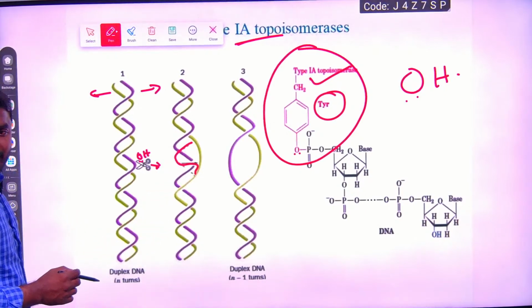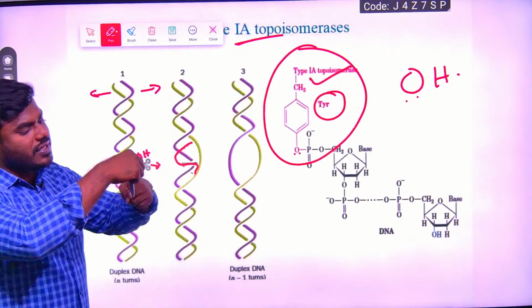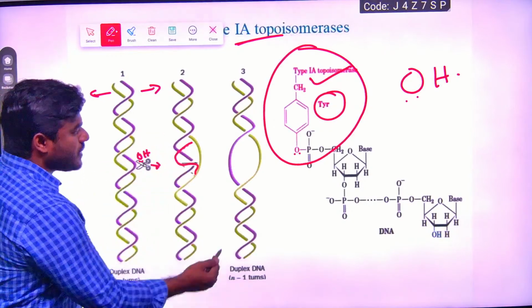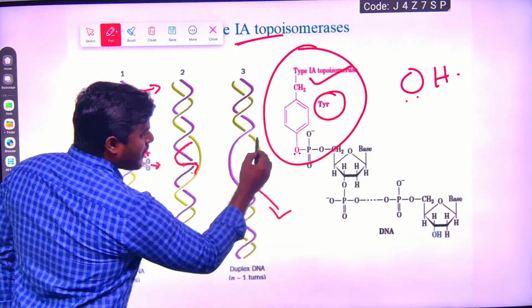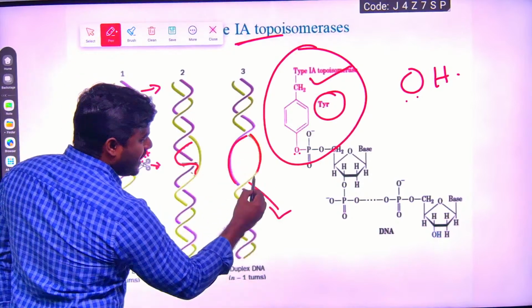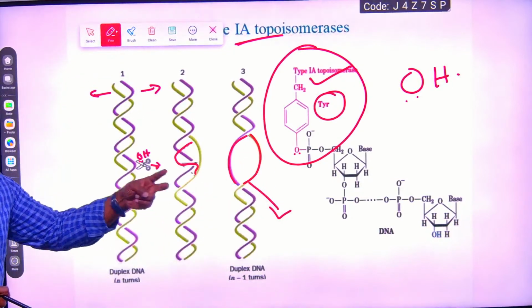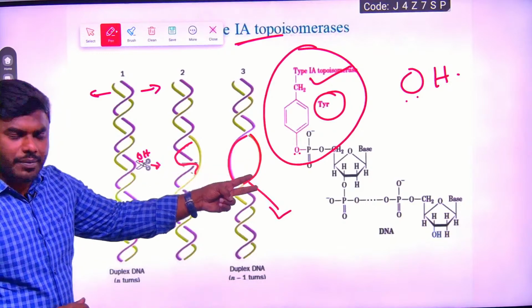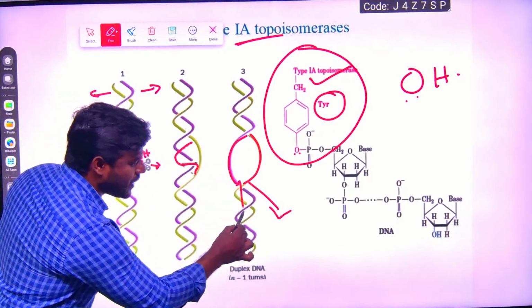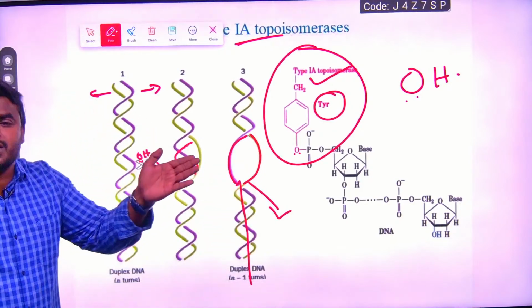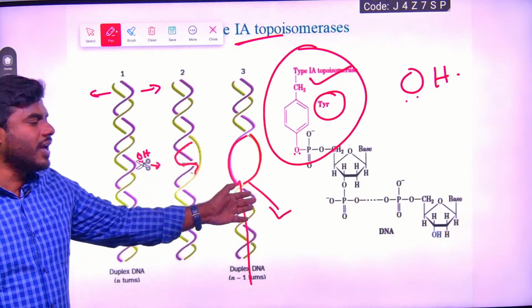You are getting the point? Because the gap was created, I can easily pass it, right? Once I pass it, it can easily be released from that coiling. The coiling can be removed, then again helicase will continuously move and start breaking the hydrogen bonds.